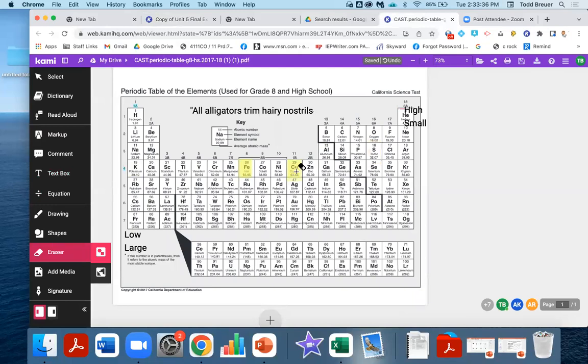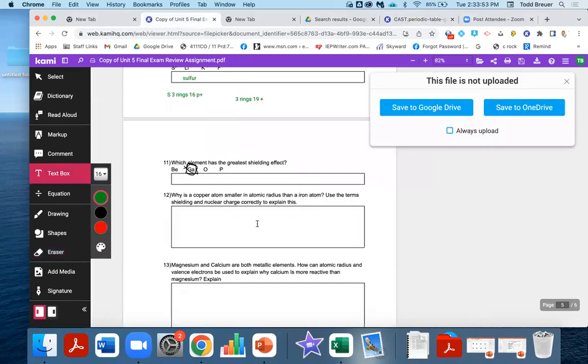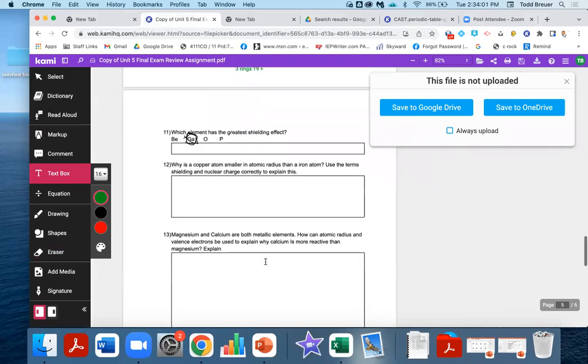However, 4 rings with 29 protons is smaller than 4 rings with 26 protons. That nuclear charge inside the copper atom causes greater attractive force for the valence electrons, and it shrinks the copper atom. Even though they have the same level of shielding, copper atoms have more nuclear charge, and that creates a stronger attraction.